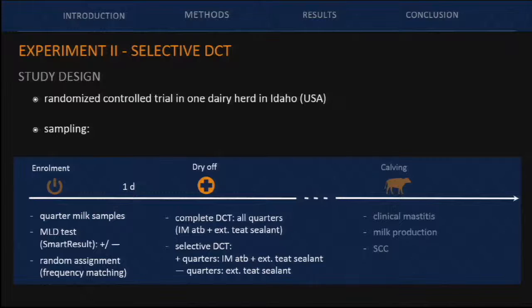In the complete dry cow therapy, all quarters were treated with intramammary antibiotics and external teat sealant. For the selective dry cow therapy, only the positive quarters, not the positive cows, were treated. Then during the subsequent lactation, we followed the clinical mastitis events, milk production, and somatic cell counts.